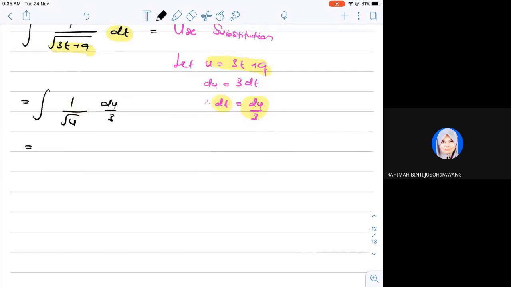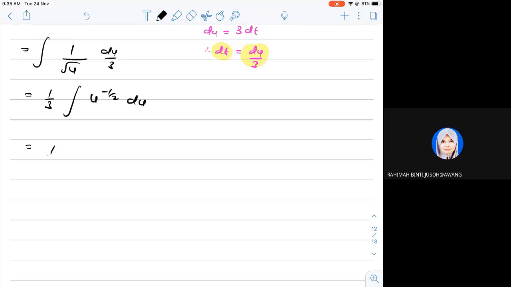So we will have 1 over 3 times the integration, as your friend said earlier, bringing this above: u to the power of negative half du. So integrate u to the power of negative half, we will get what, guys? Negative 1 over 2, minus 1.